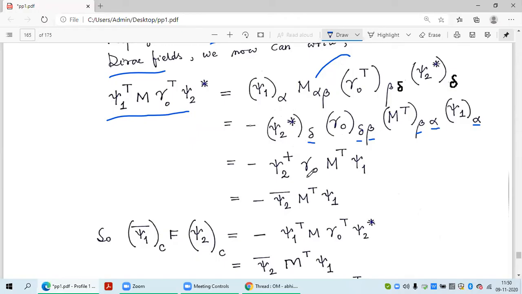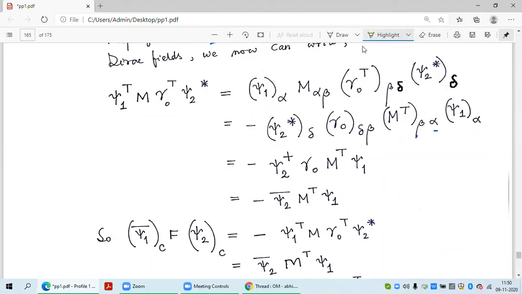This is gamma 0, this is M transpose, gamma 0 into M transpose, this beta beta same, and this again M transpose into psi1, alpha alpha same. Is this clear? Yes. Everybody? Yes, sir. Therefore, I can write psi2 dagger gamma 0 as psi2 bar.